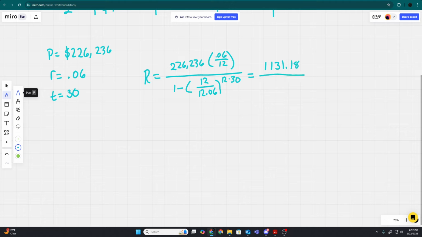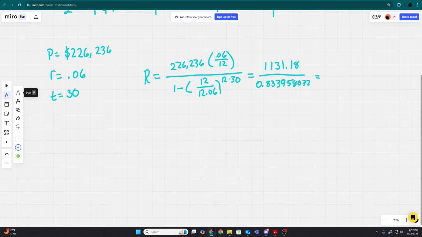The bottom number is going to be 0.833958... 0.72.